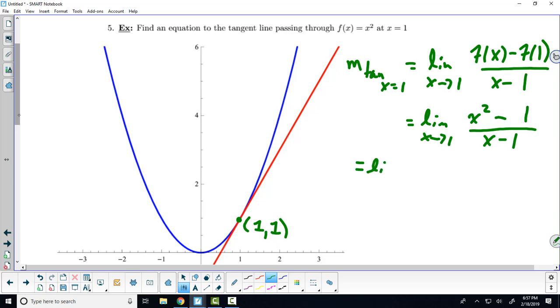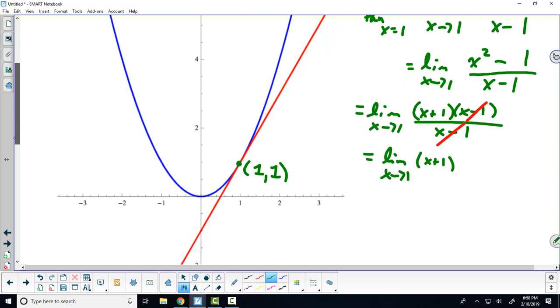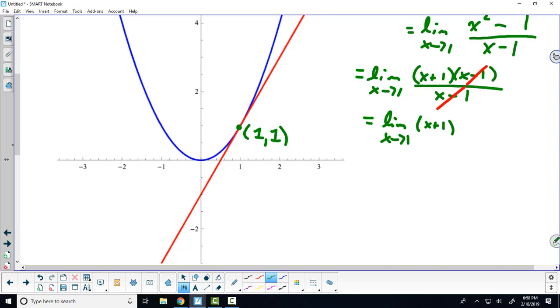So this gives us the limit as x approaches 1 of x plus 1 times x minus 1 all over x minus 1. And all of our tools from the previous chapter are still in play. We can now, after we've canceled out the thing that was making this an indeterminate form, evaluate this limit through direct substitution.